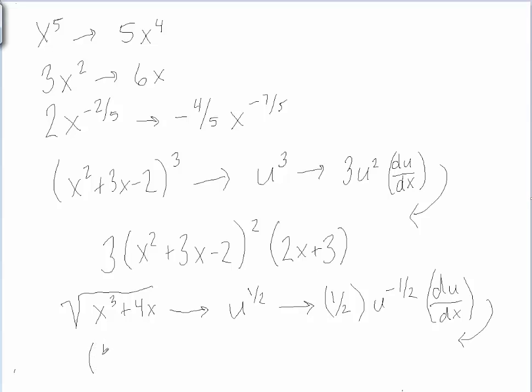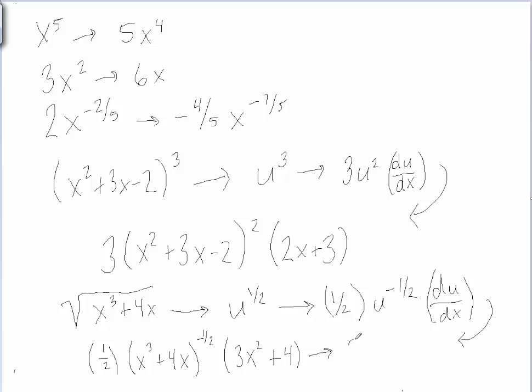The derivative is 1/2 times x cubed plus 4x to the negative 1/2 times the derivative of that expression.